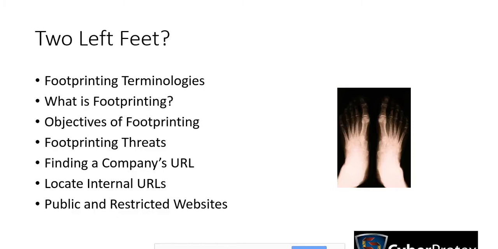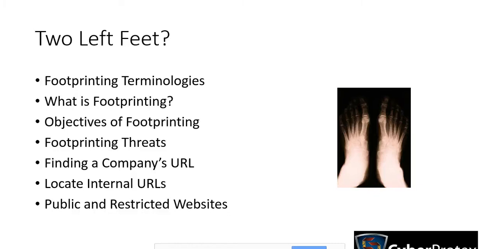That's what we're going to do in this particular domain: talk about some of the ways that we can footprint and do other things creatively and innovatively by asking Dr. Google or various parts of the internet.